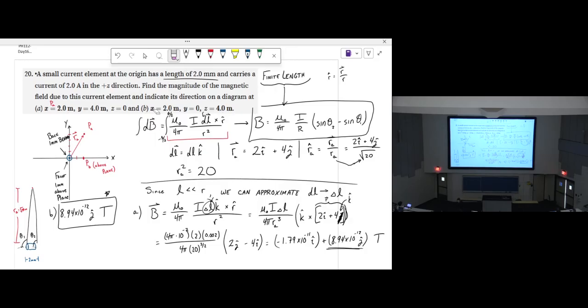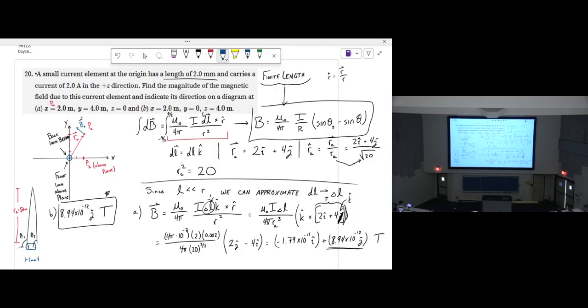I reach out here, I would stick my thumb coming out of the page, and I want to reach towards the point A. So thumb's coming out of the screen, I reach my fingers up there, and then my palm points in the direction of the magnetic field, which would be up and to the left. So B should look something like this from using the right-hand rule.